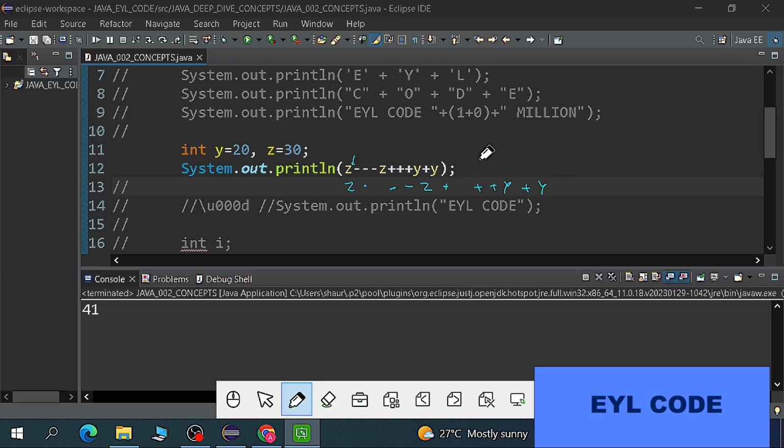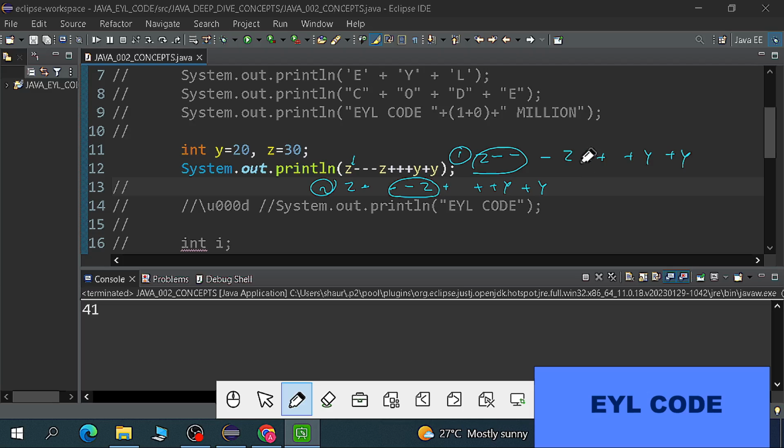And the second condition, we can have something like z minus minus, then minus, and then z plus plus, then plus y plus y, right? So these are the two conditions. Either it is going to take like this, or it is going to take z minus and z minus, right? Let me mark the first as 1 and the second as 2.